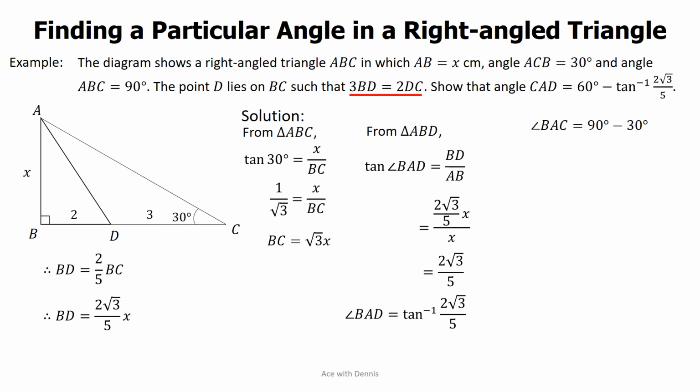Angle BAC will equal 90 degrees minus 30 degrees, which is 60 degrees. Therefore, angle CAD will be angle BAC minus angle BAD, which becomes 60 degrees minus inverse tangent of 2 root 3 over 5. Comparing with the answer they want me to show, it is the same. Therefore, I have shown the solution.